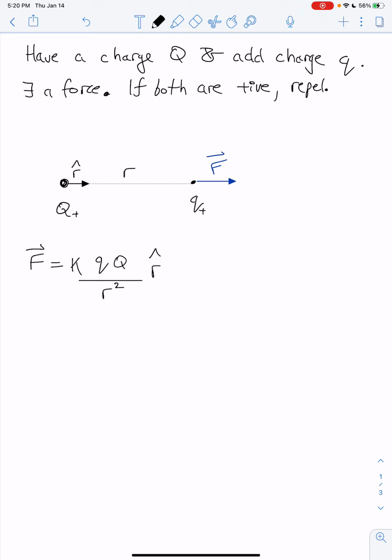Now, just a quick note about the units. The units for Coulomb's constant, so the units for K, are equal to newtons times meters squared per Coulomb squared. And if you look at that in the context of the equation here, it makes sense.